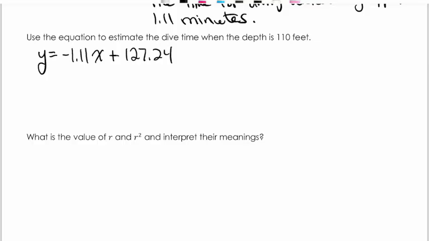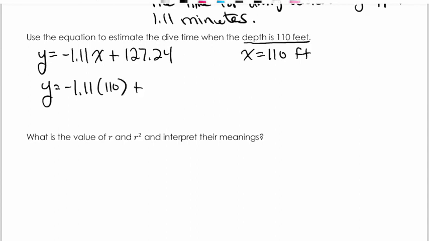So we know our equation is Y equals negative 1.11x plus 127.24, and x is the depth, and the depth is 110 feet, and we want to figure out the estimated dive time when the depth is 110 feet. So I'm going to take 110 and plug it in for x, and then we're going to add 127.24, and we're going to put all of this in on the calculator.